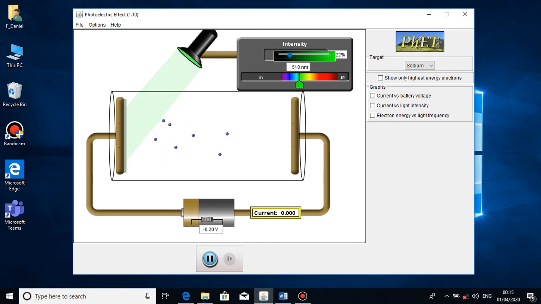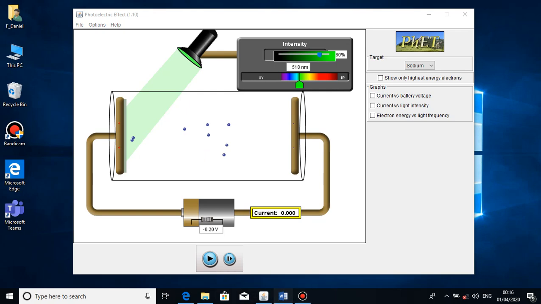At 22% intensity, each electron reaches this point. With more intensity, the electrons also reach this point, but more and more electrons are extracted from the metal, not with more energy, but a larger number of electrons are extracted.